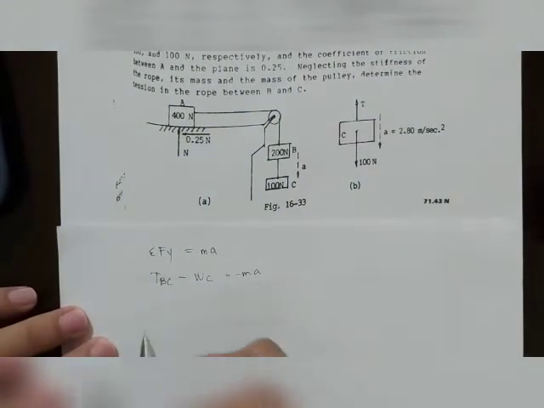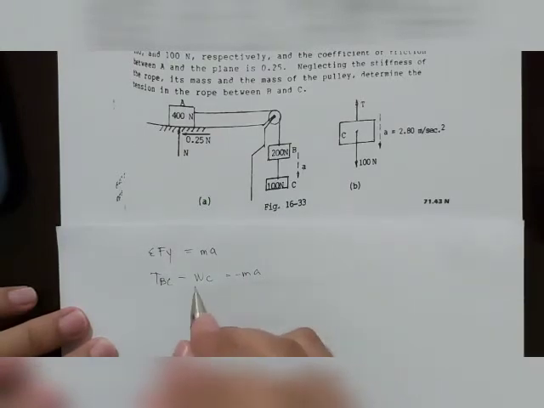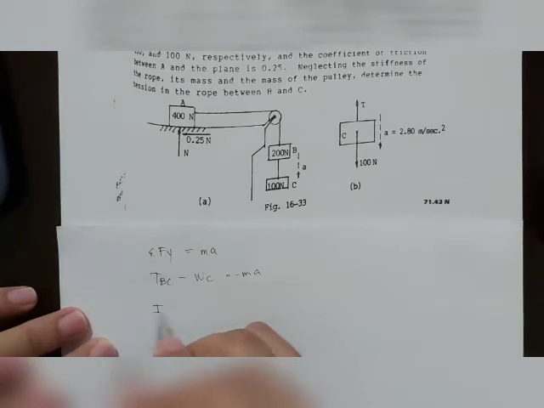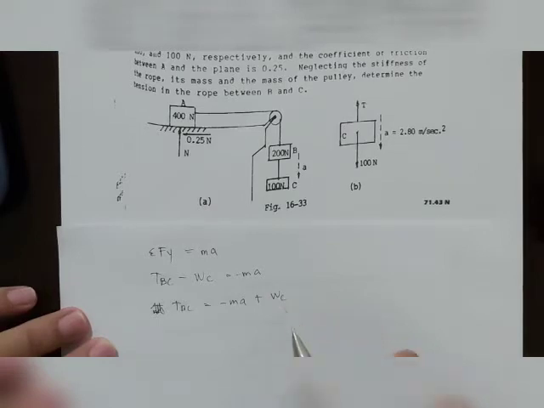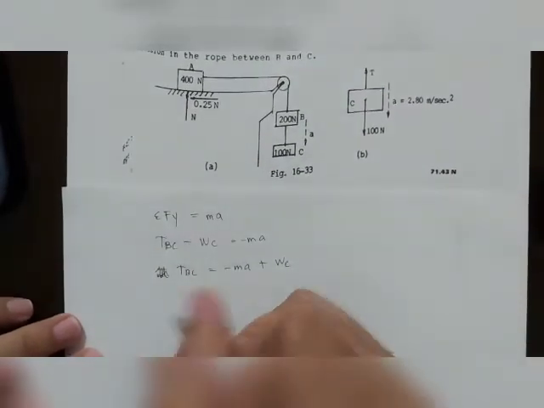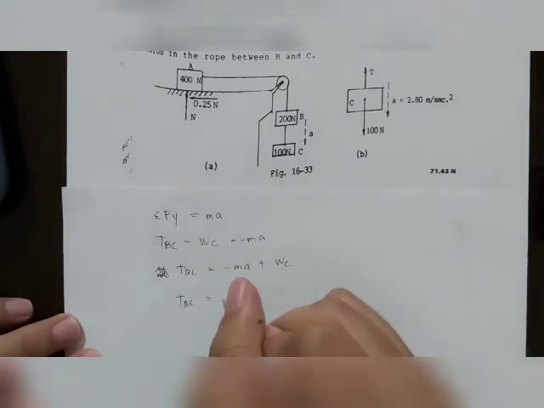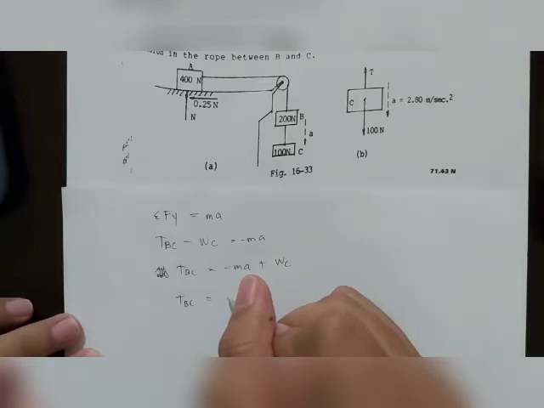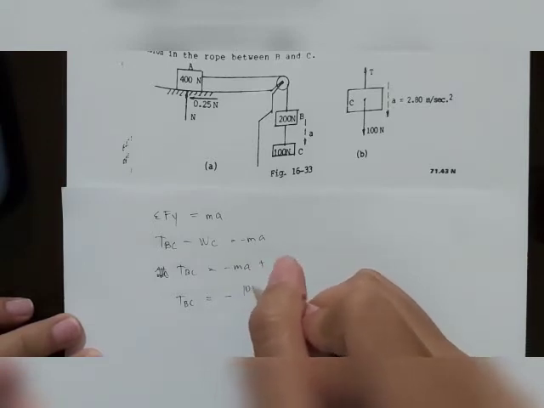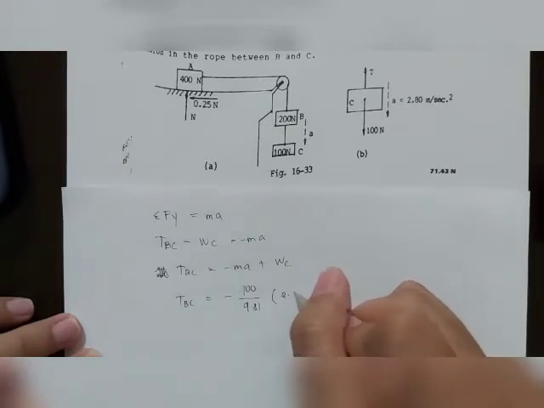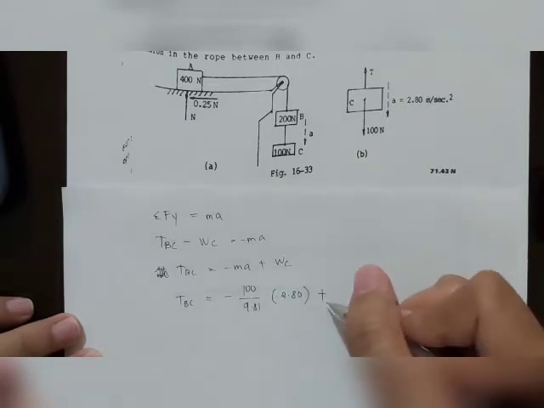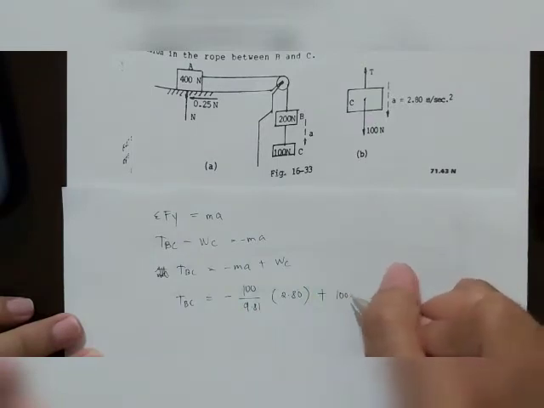So, para makuha natin yung tension sa BC, so transpose lang natin tong weight sa block C. So, we have tension BC is equal to negative mass times acceleration plus weight sa ating block C. So, substituting the values, tension is equal to negative MA, so mass is 100 all over the gravity 9.81 times acceleration, which is 2.80 meter per second square, plus the weight ng C is 100 Newton.